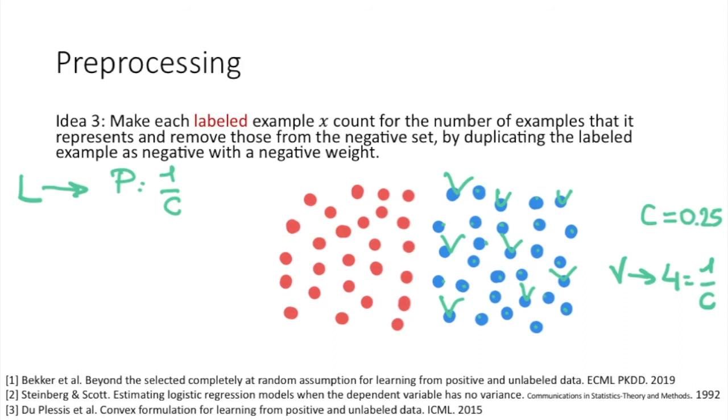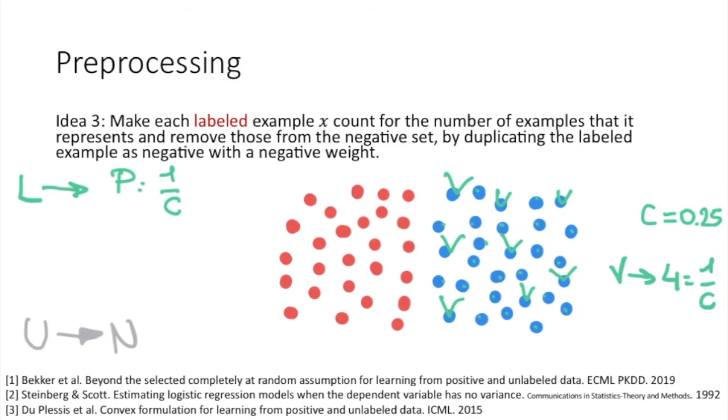Not only does each labeled example count for 4 positive examples, but it also means that actually 3 of the unlabeled examples should definitely not count as negative. So if we would just take the unlabeled examples as negative, then we actually have too many negative examples because those unlabeled examples should not be taken as negative.